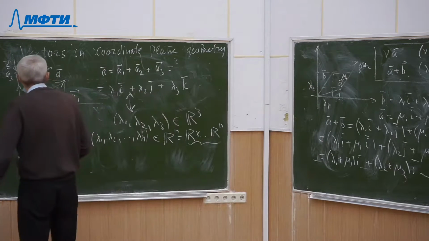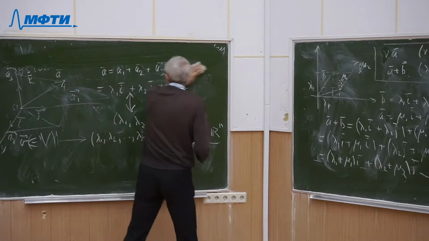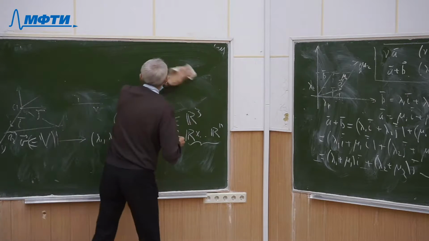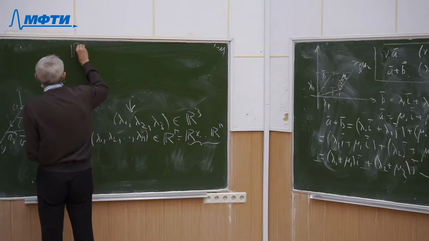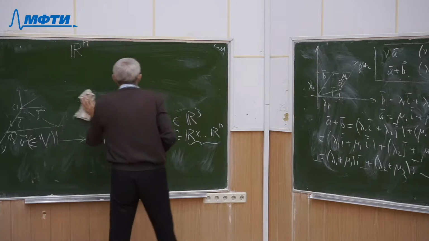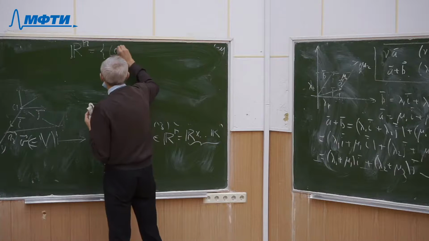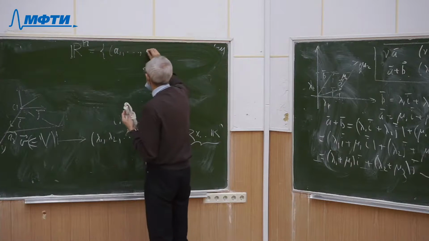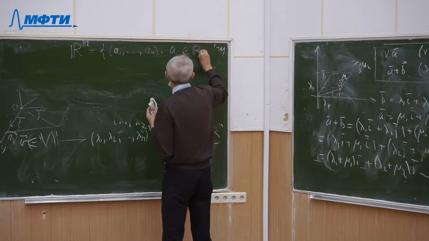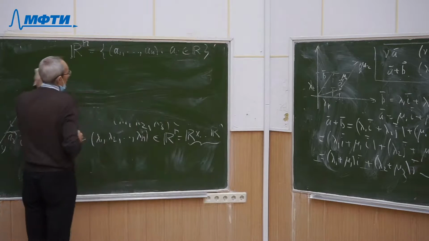Namely, we can define the abstract arithmetic vector space Rn as the set of such n-tuples with the following two algebraic operations.